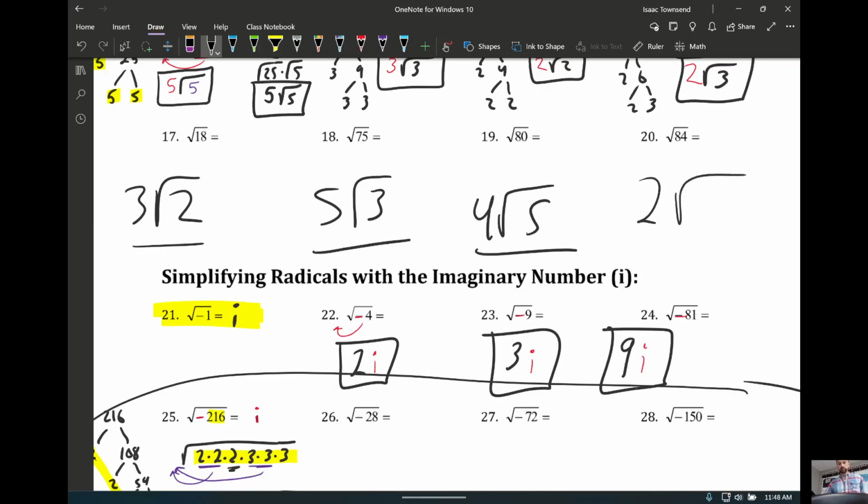And 2 square roots of 21. Did those sound correct? Okay.